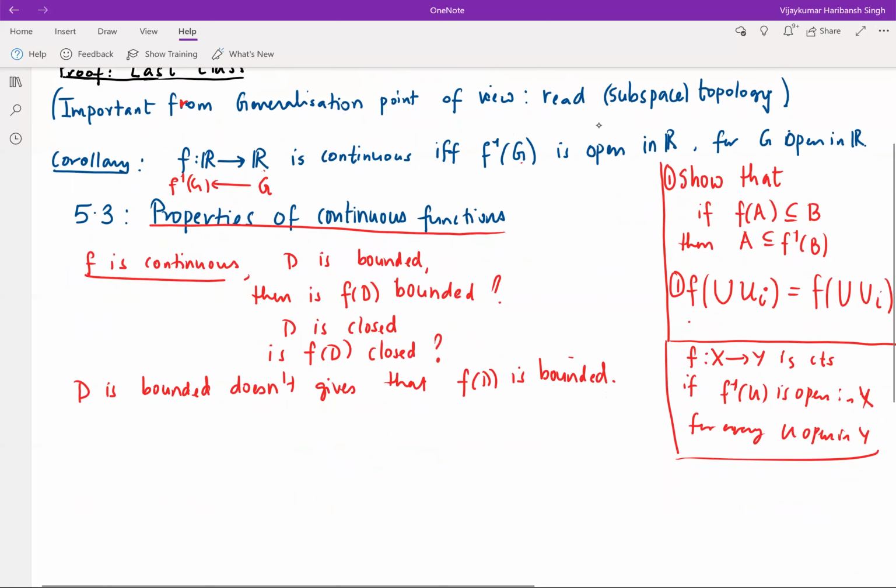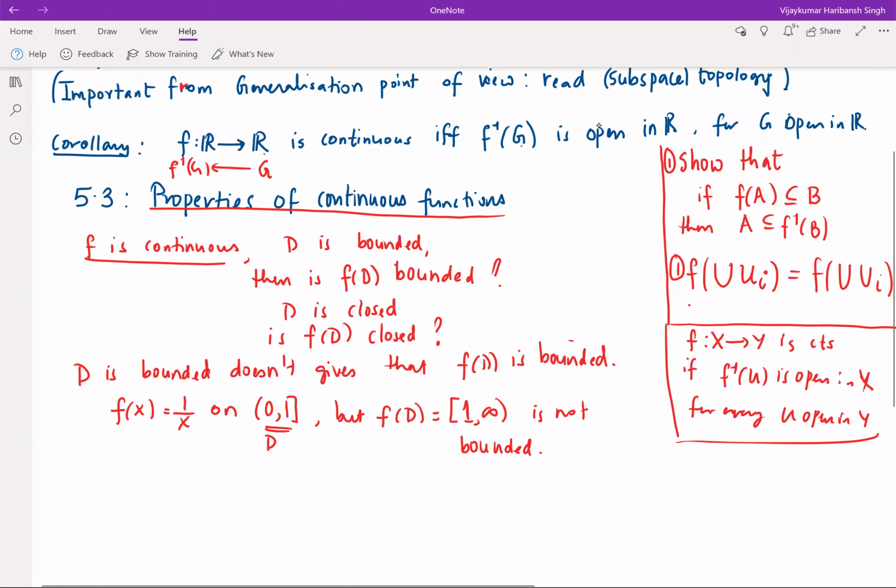The classic example for that is to take f of x equals 1 over x on, say, (0, 1]. So this set is bounded, this is your D, but f of D is going to be what? [1, infinity). So f of D is unbounded, all right?